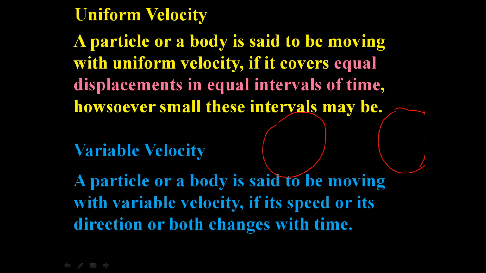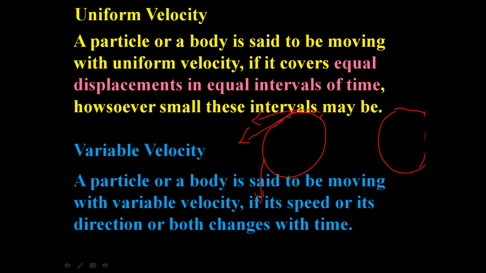If the object is moving with uniform speed, say 20 meters per second, at every moment its direction will be along the tangent, which means it is going in different directions. So in that case also, we say that the object is having variable velocity. So it could be a change in magnitude, or a change in direction, or a change in both magnitude and direction.